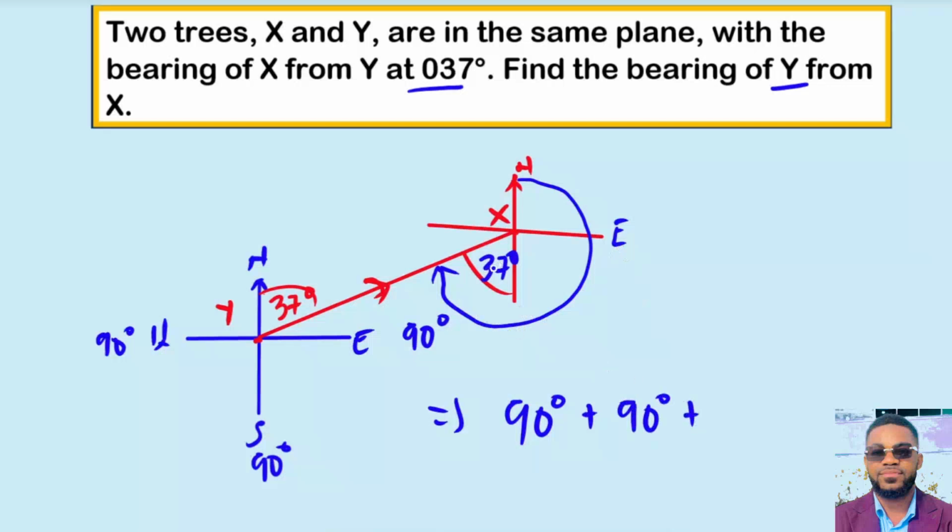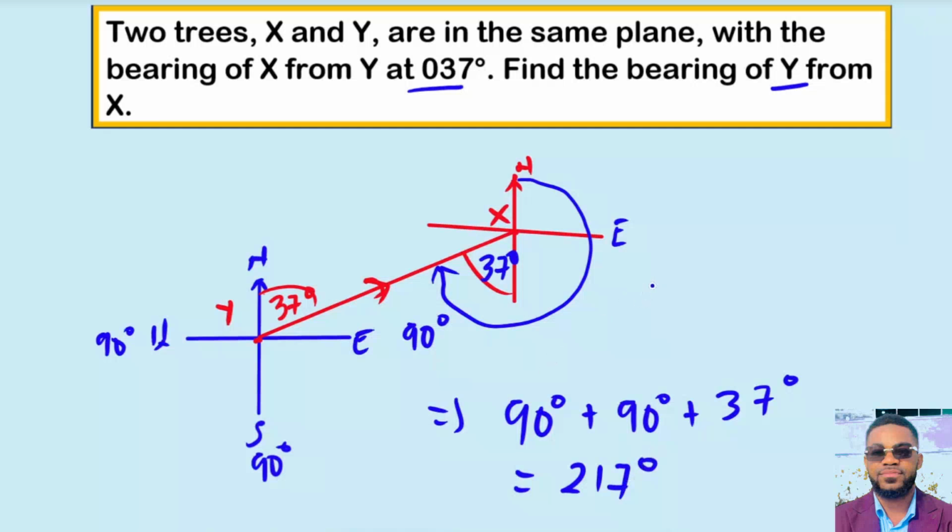And finally, we add a small angle to it, which is 37 degrees. That will give us 217 degrees. So the back bearing, which is the bearing of Y from X, is 217 degrees in terms of three-figure bearings.